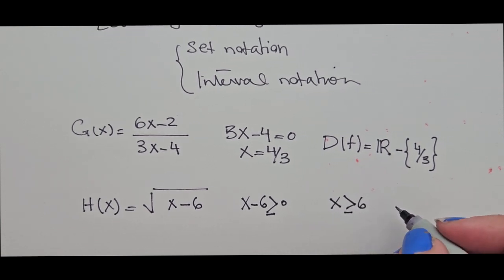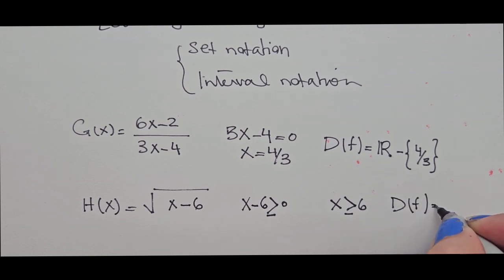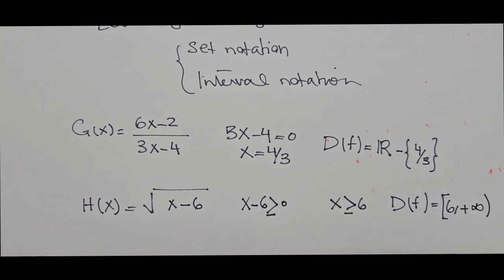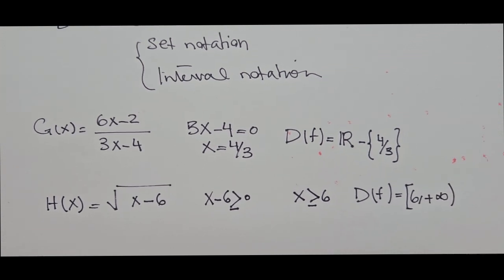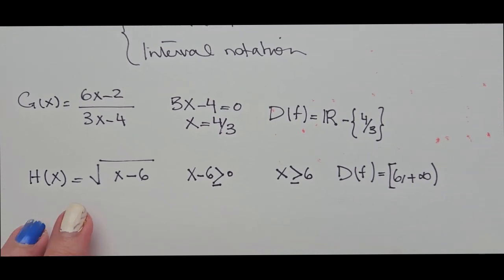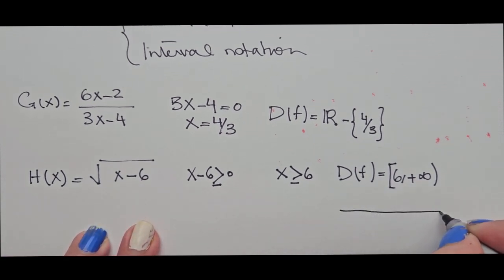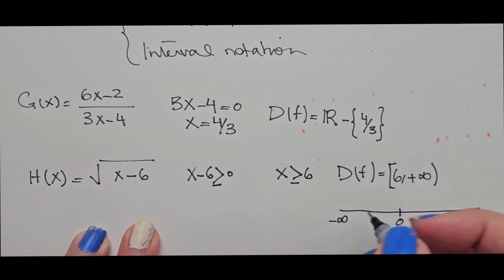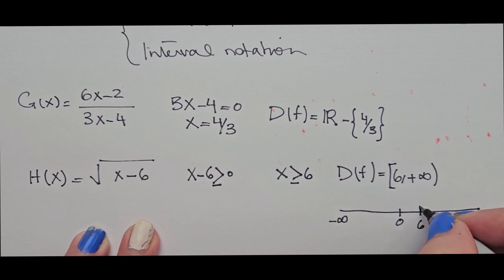Here is how you can show your domain: you could say that 6 included, all the way to plus infinity. Or if you want to show it the graphical way, this is your x-axis, this is your 0, this is your plus infinity, this is your negative infinity, and let's say the plus 6 would be somewhere around here, moving toward plus infinity.